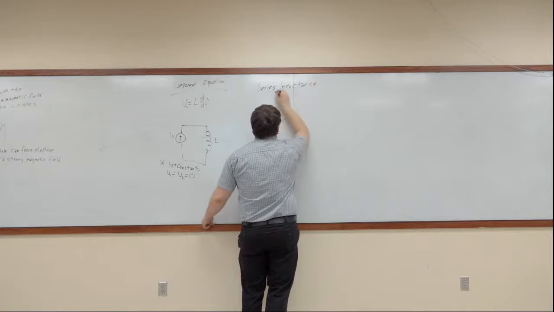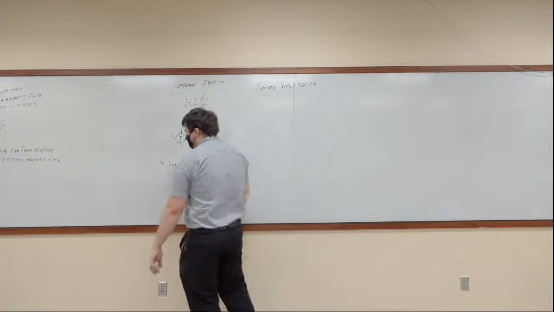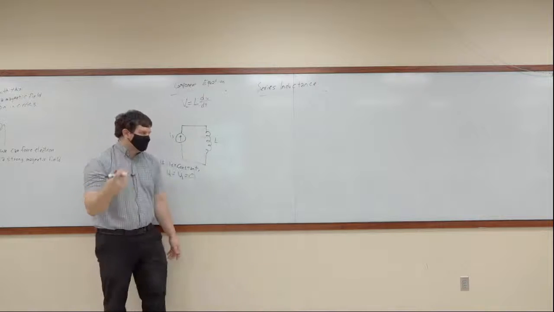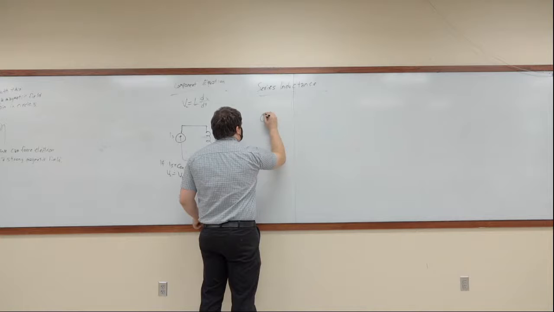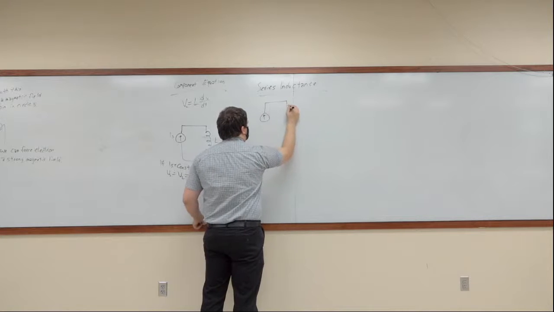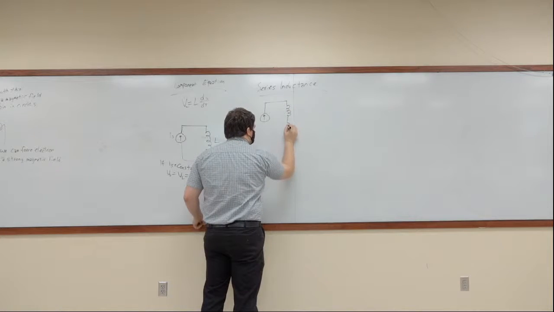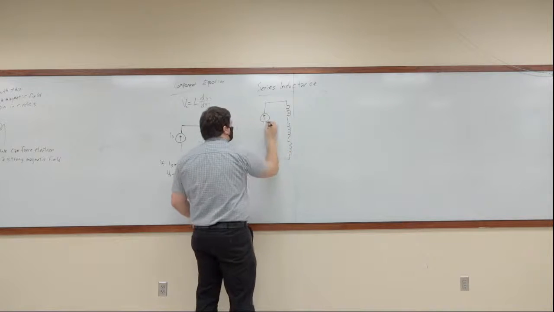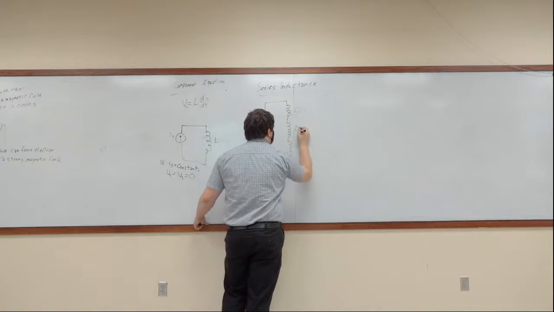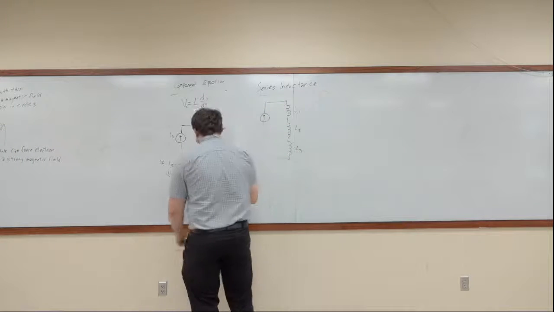When it comes to inductances in series, when you place an inductor in series, here I'm taking another current source, and we'll take 3 inductors in series, L1, L2, L3.